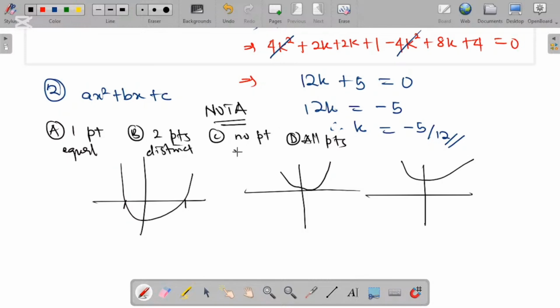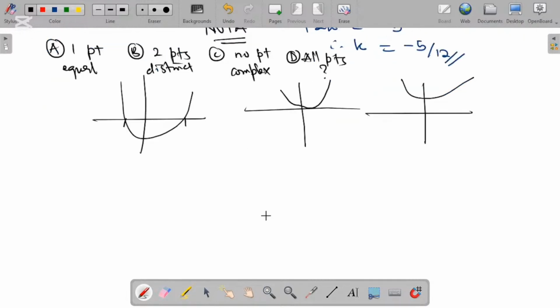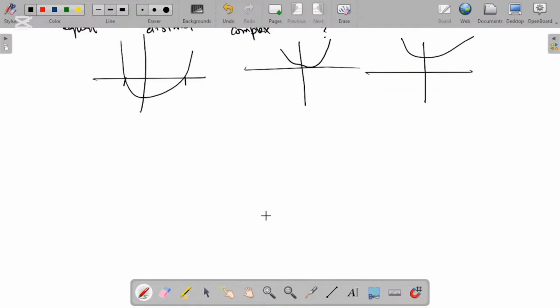And this is complex roots. Okay, this one is nothing at all. So it's important that you take note of all of this. Like I told you yesterday, all of these are exam questions for us, and so you should be able to handle questions like this.